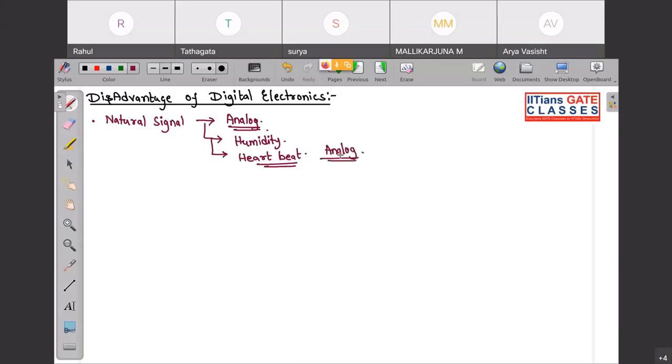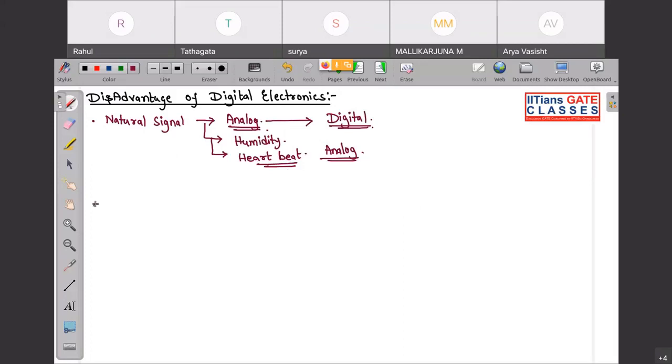So we cannot exactly recreate the exact version of an analog signal in digital. There are some discrepancies or errors in this. So there are a few kinds of problems that we are going to see.